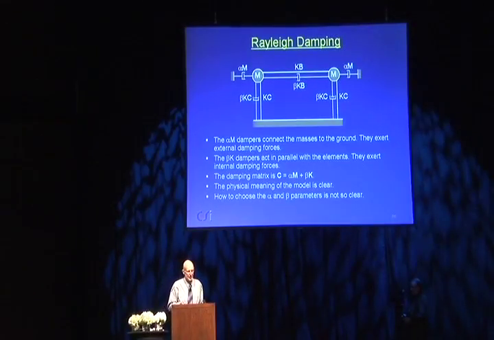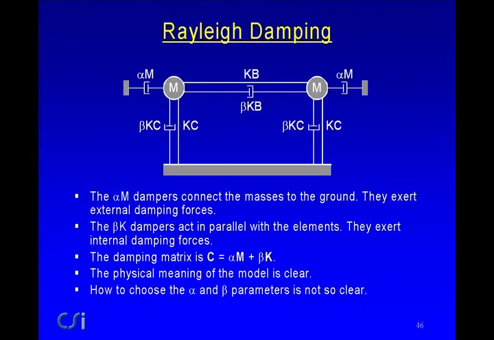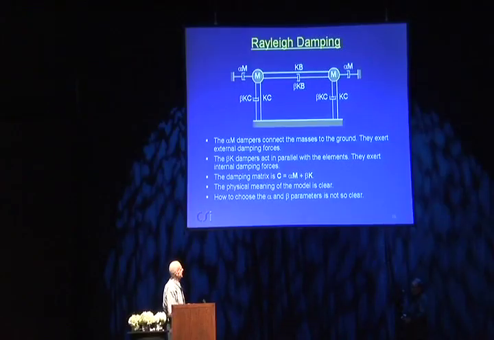And that's the stiffness-dependent portion. In addition, there's a mass-dependent portion that says that every mass has attached to it a damper with a value alpha times that mass, and that's connected to the ground. This is all the ground. So it exerts forces on the structure. So the damping matrix is alpha times the mass matrix plus beta times the stiffness matrix.